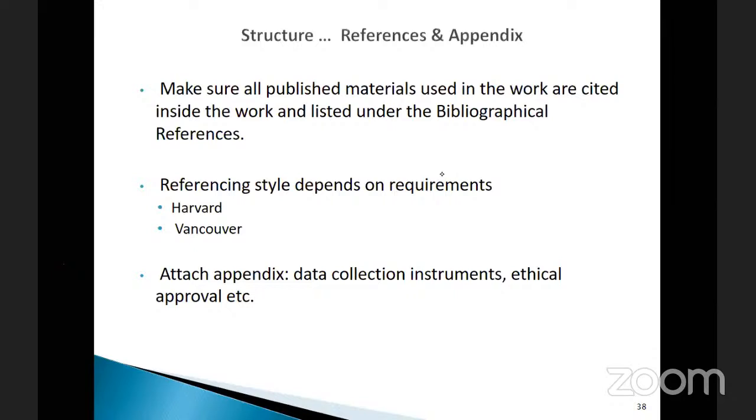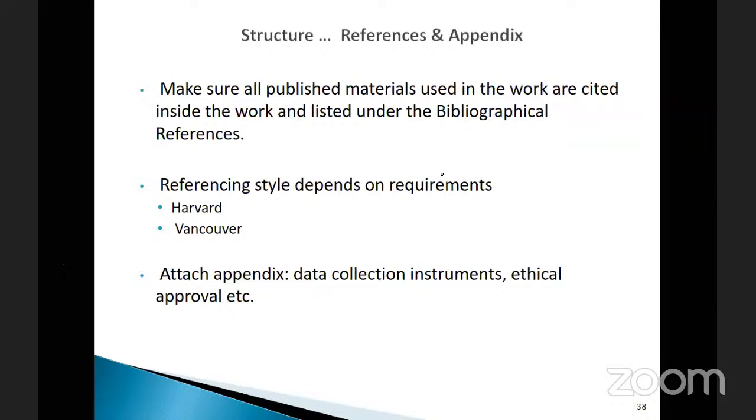Now, referencing style depends on requirements. Two major ones, you have Harvard and Vancouver. In our earlier lecture, we had a third one, APA, but these two are most common. Harvard is the one you have the author's surname and year inside the work, and at the end they are listed alphabetically.